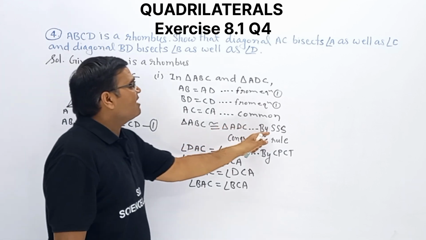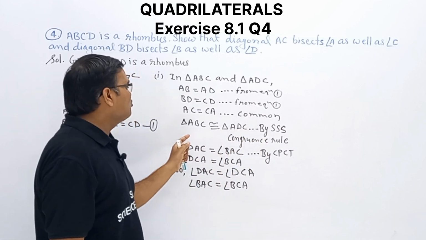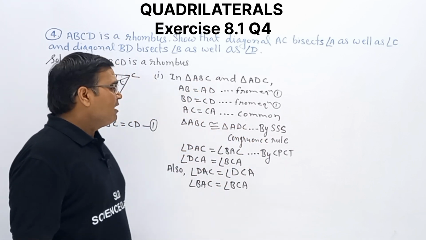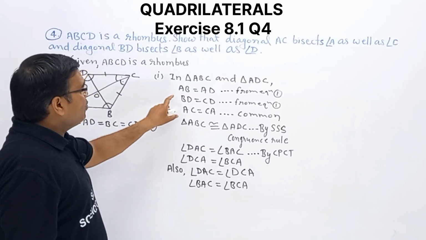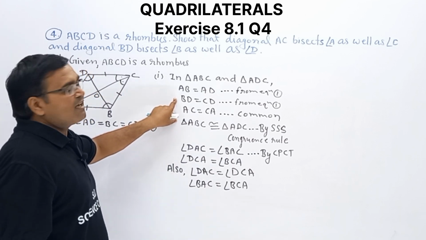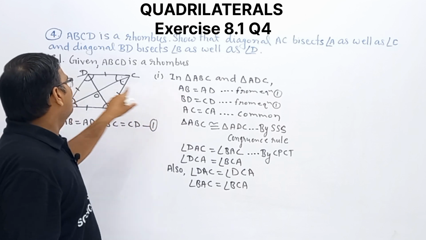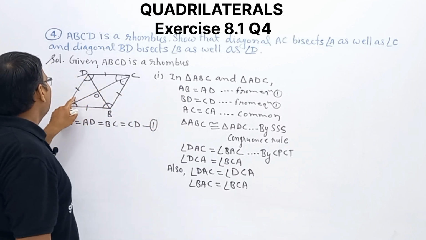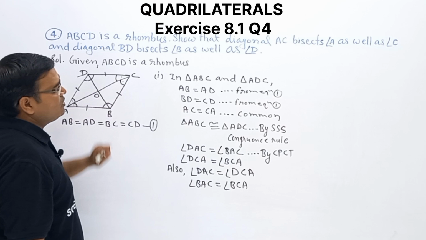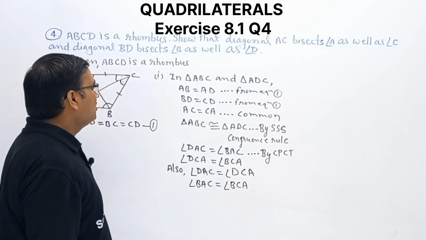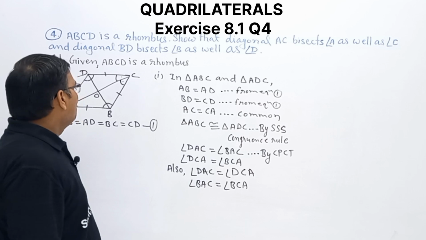So from the side congruence rule, triangle ABC is congruent to triangle ADC. Once the two triangles are congruent, corresponding parts of these triangles will be equal. So this angle equal to this one, this angle equal to this one, by CPCT, corresponding parts of congruent triangles.